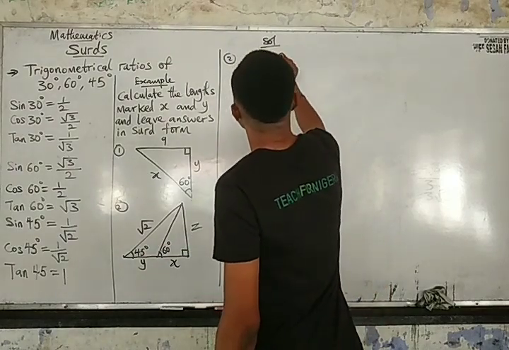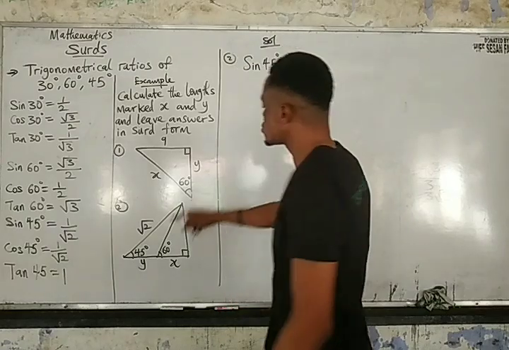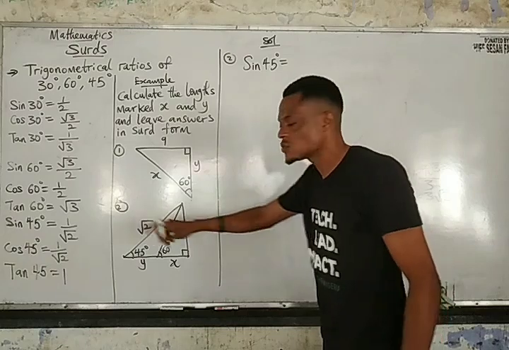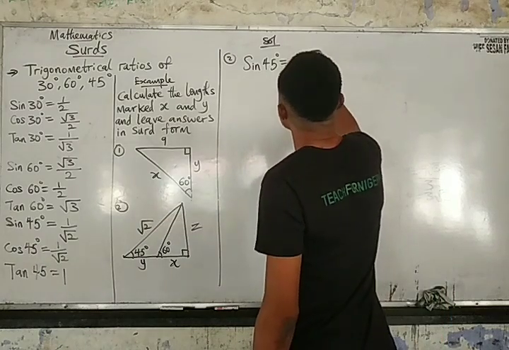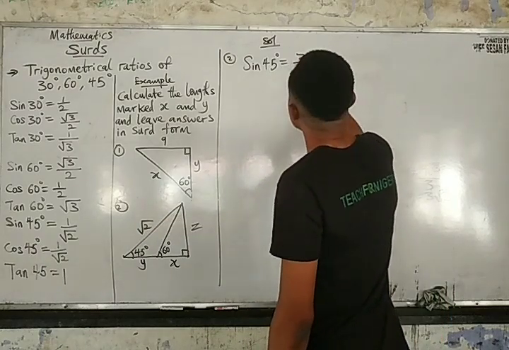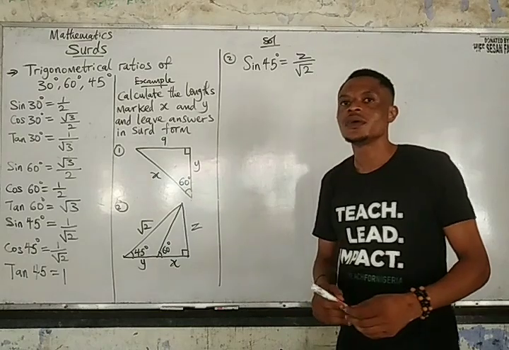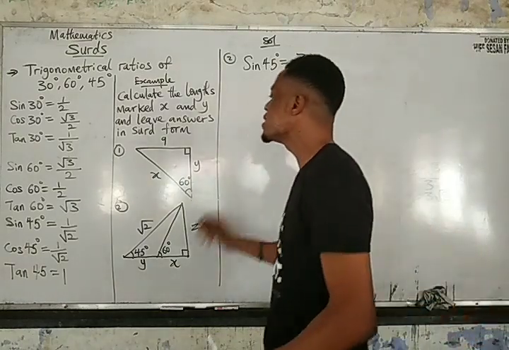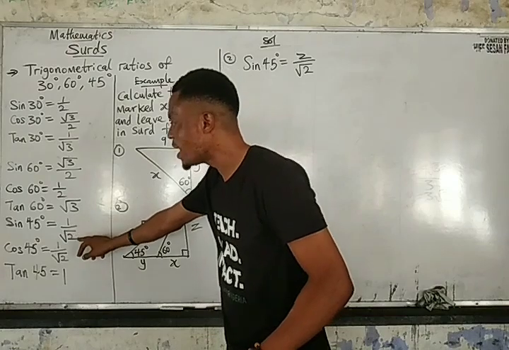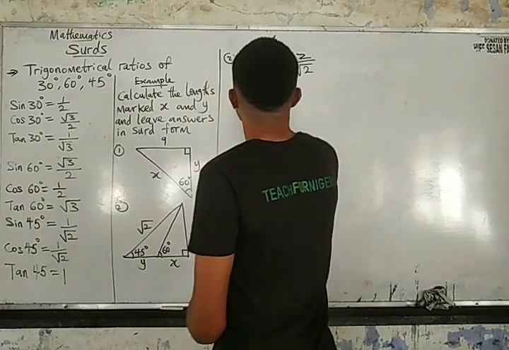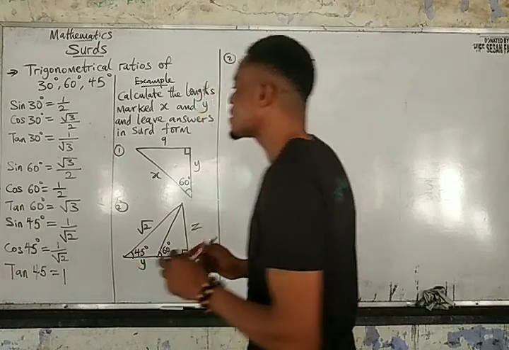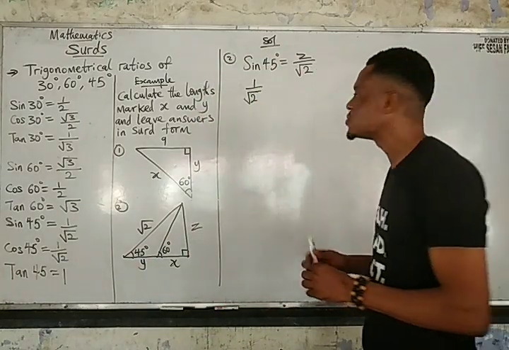Sine 45 degrees equals opposite over hypotenuse. Z over root 2. Now sine 45 will give us 1 all over root 2. 1 over root 2 as our sine 45 implies.